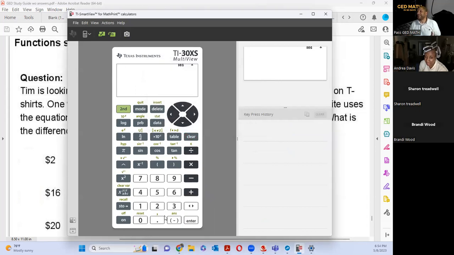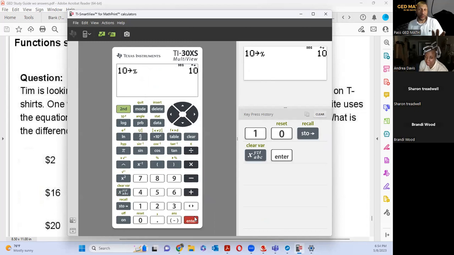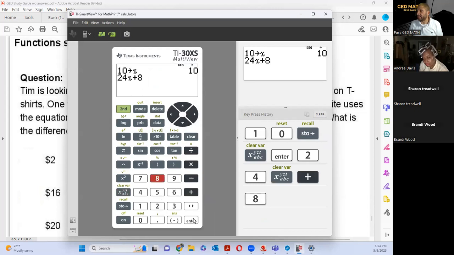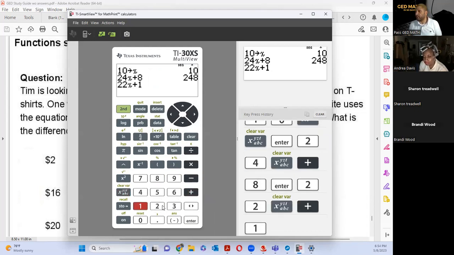See, that's how easy it is. 10 store x. Even though they told us the variable is n, because we don't have n on our calculator, we can use any variable. Let's do x. The first one was 24x plus 8. The second one was 22x plus 12.